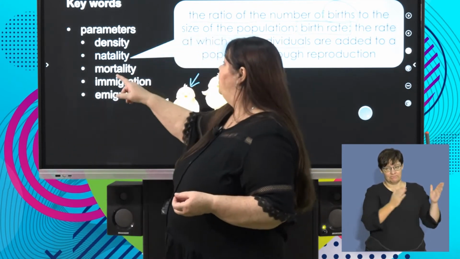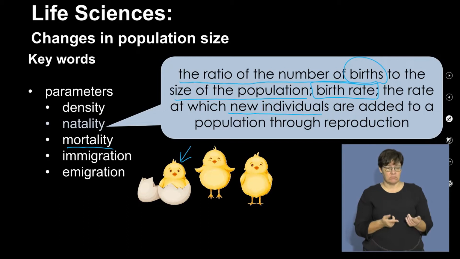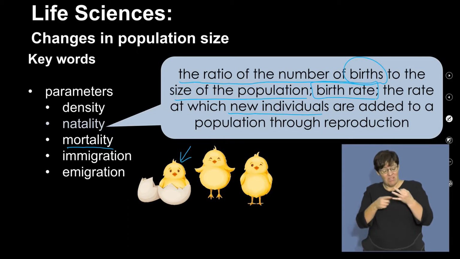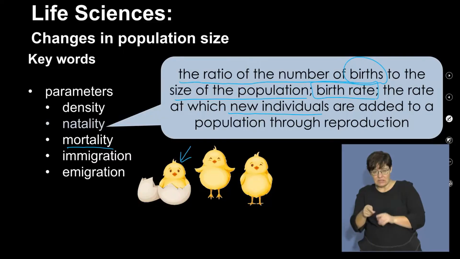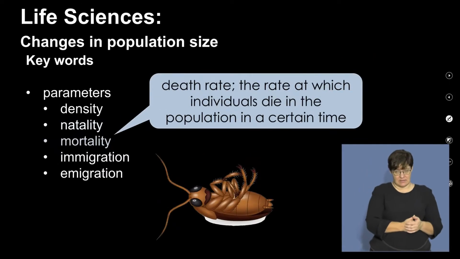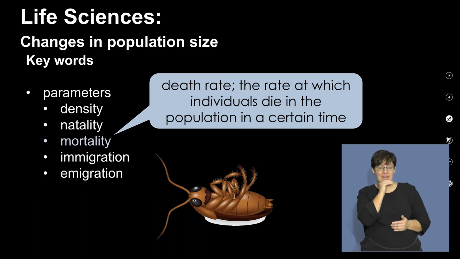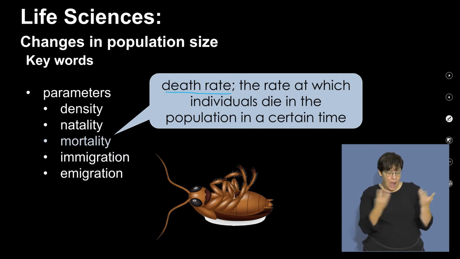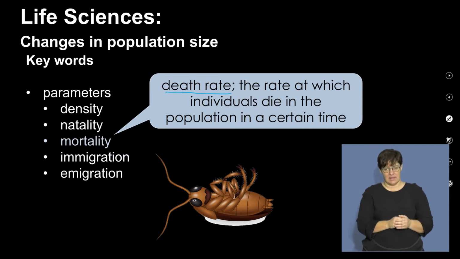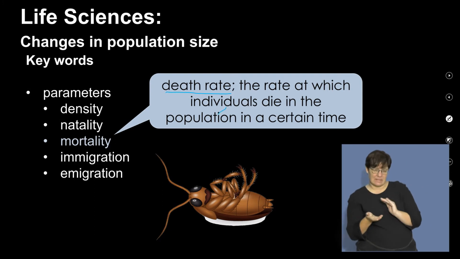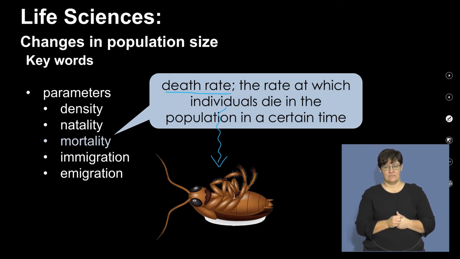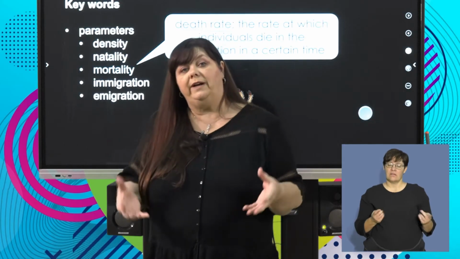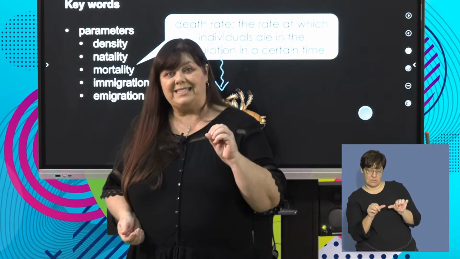Let's now move on to what I would say is the opposite of natality, which is mortality. Do you know what that means? Mortality is the death rate. It's the rate at which our individuals are dying in that population over a period of time.